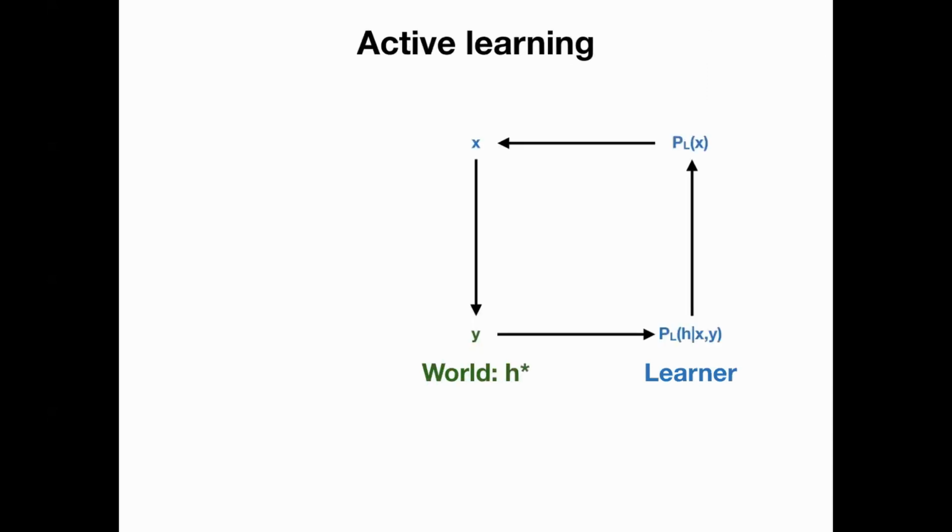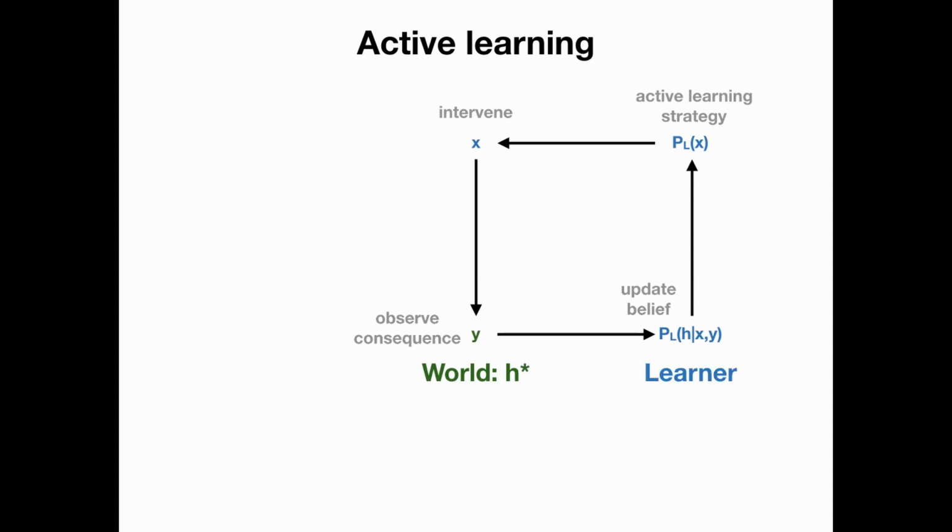Shown here is a cycle of active learning. An active learner has a particular strategy to choose interventions. This strategy is described by P sub L of X, the learner's probability of choosing intervention X. The learner chooses an intervention X according to this strategy, observes the consequence Y from the world, and updates his belief about the world.